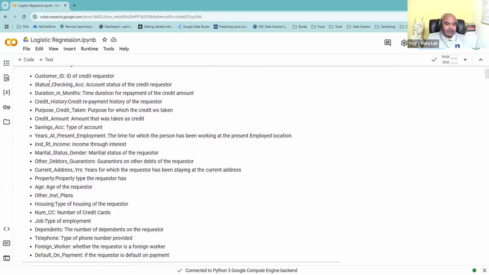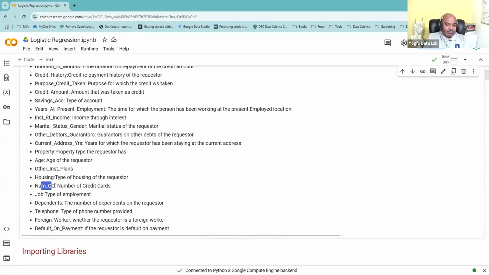The data that you have been given is the customer ID, status of checking account, duration in months, credit history, purpose credit taken, the credit amount, savings account, years at the present employment, interest rate on income, marital status gender, other debtors, guarantors, current address years, property, age, other installment plans, housing type, number of credit cards, job, dependents, telephone, which means the type of phone number provided, foreign worker, and default on payment. Now this is our target variable. So we'll start working towards this.